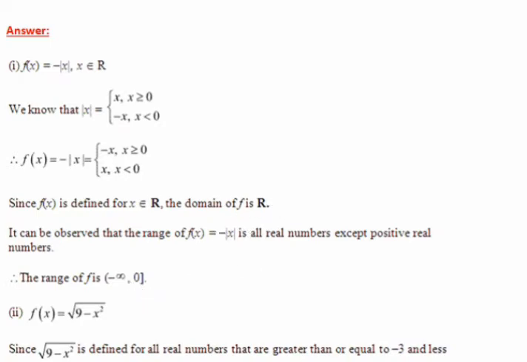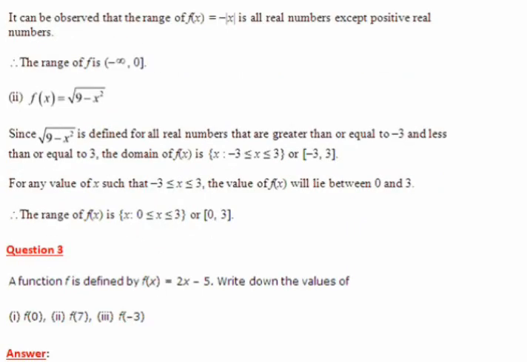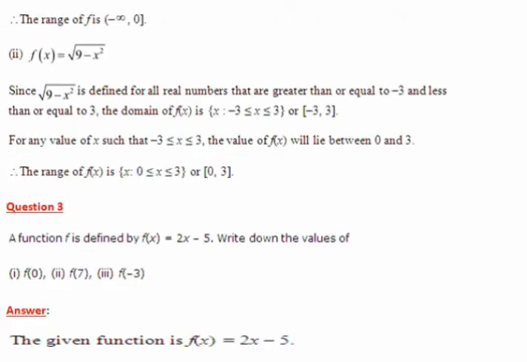Okay students, now move to the second example of it, same question: f(x) = root of 9 minus x square. In case of a root, we know that when 9 minus x square is positive, that is the possibility for it to come out from the root, otherwise it goes to imaginary.